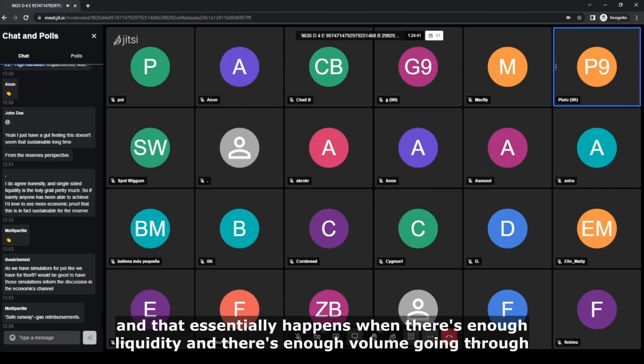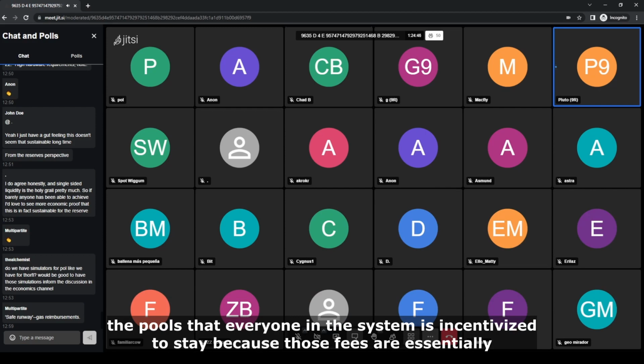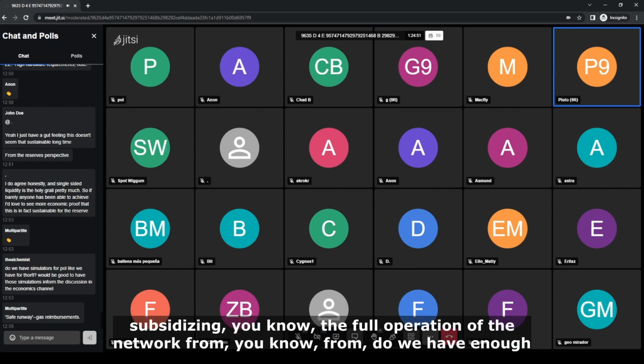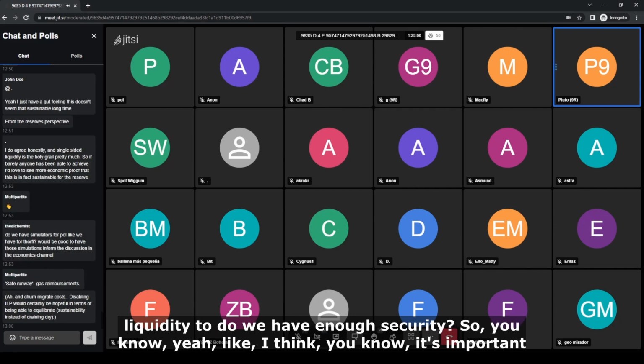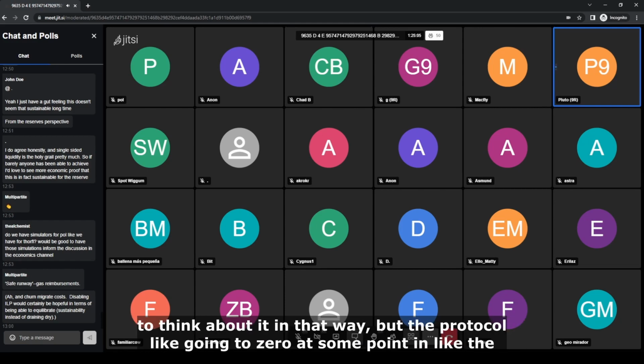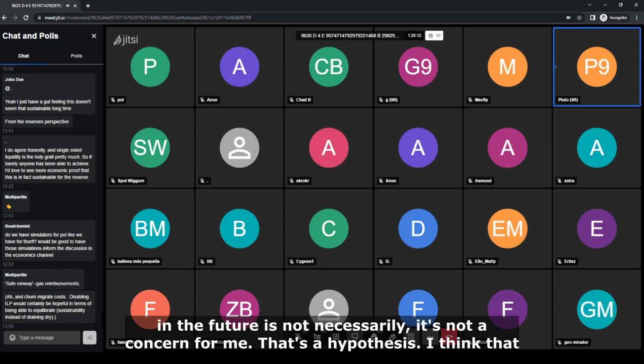And that essentially happens when there's enough liquidity and enough volume going through the pools that everyone in the system is incentivized to stay, because those fees are essentially subsidizing the full operation of the network, from whether we have enough liquidity to whether we have enough security. So I think it's important to think about it in that way, but the protocol reserve going to zero at some point in the future is not a concern for me.